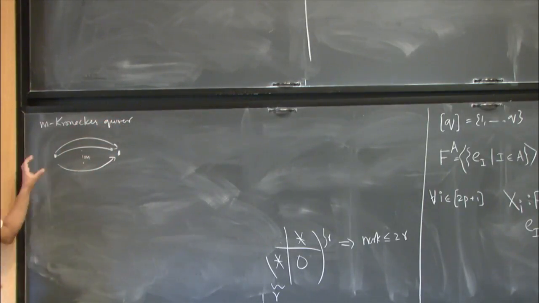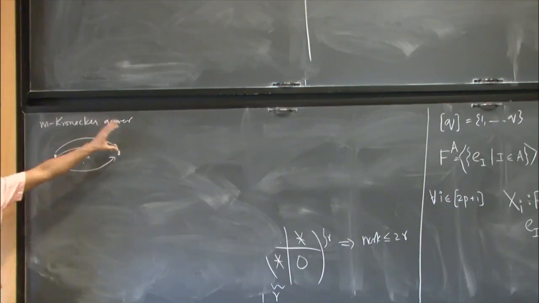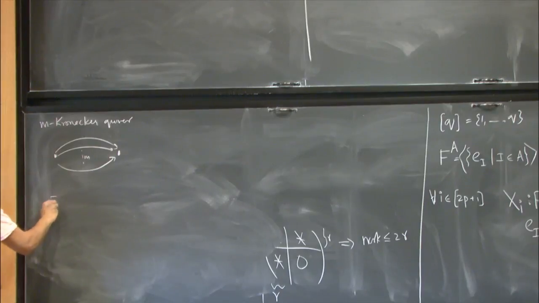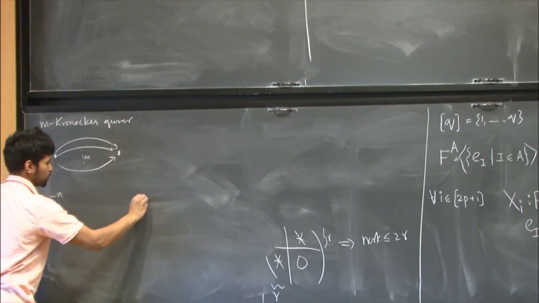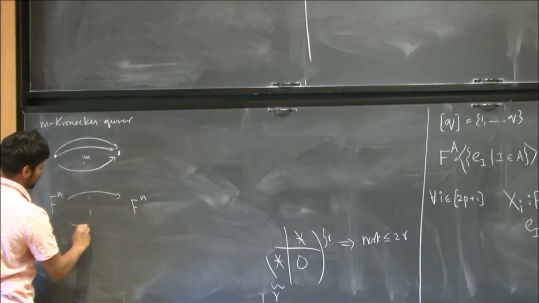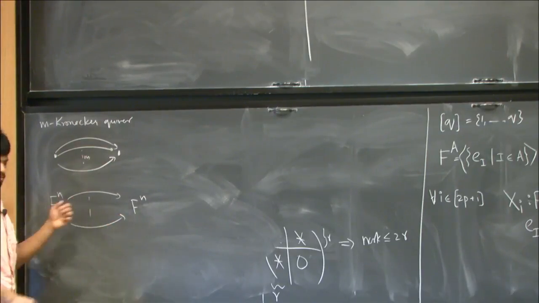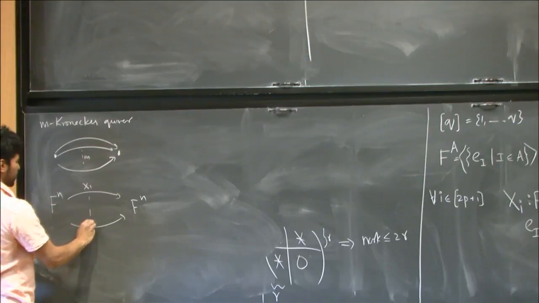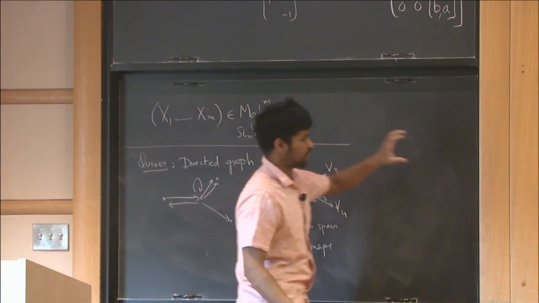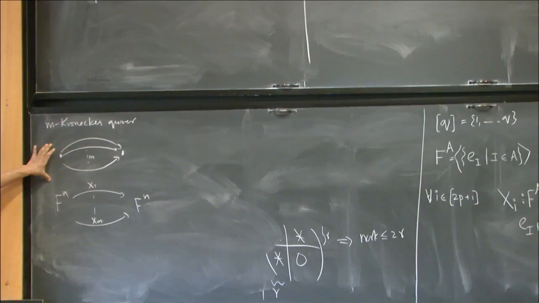What's a representation of this? You put two vector spaces here. If I fix the two vector spaces to be Fn and Fn, then giving a bunch of linear maps between them is the same as giving a bunch of n by n matrices. So that's the connection between a tuple here and a representation of such a quiver.